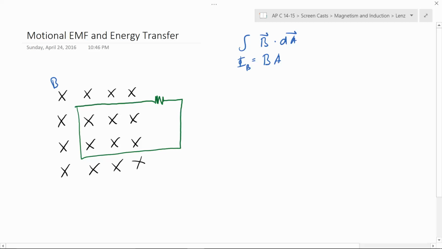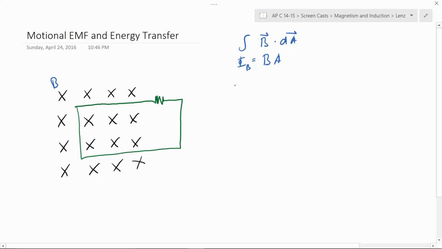The magnetic field vectors are perpendicular to the surface, piercing it, and the vector representing the area is parallel to the direction of the magnetic field. So you don't have to worry about the dot product. What we have here is BA, and the area is changing. Not the area of the whole loop, but the area that is in the magnetic field is changing.